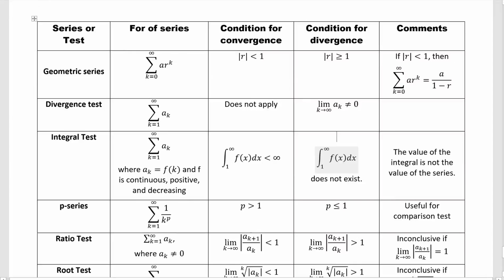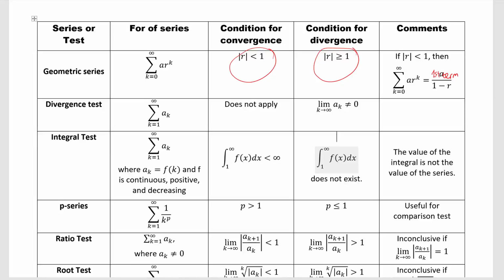The convergence condition for the geometric series is when the absolute value of the ratio is less than 1. The condition for divergence is when the absolute value of the ratio is greater than or equal to 1. And if the absolute value of the ratio is less than 1, then the series converges to the first term over 1 minus the ratio.